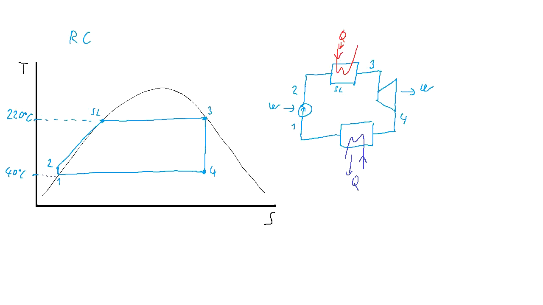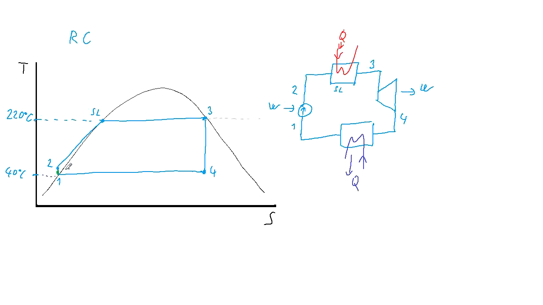Then there was the second case where the evaporation takes place at lower pressure and the steam going to the turbine is superheated. So still we would have this temperature limit over here, but there will be a lower pressure difference.